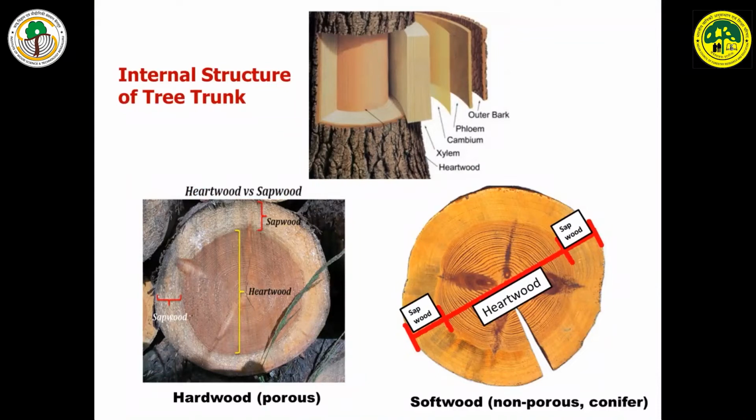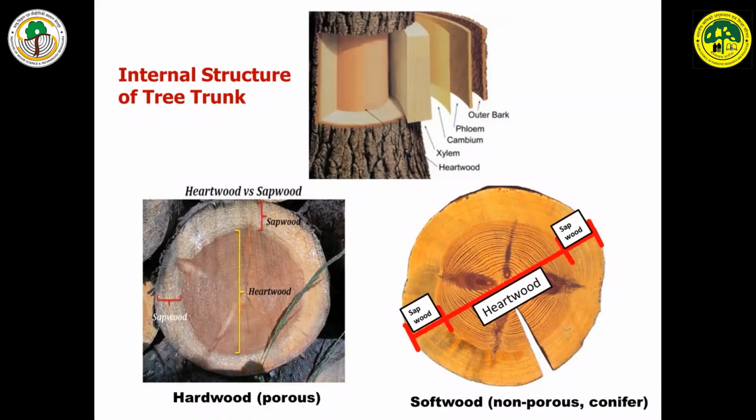On the left side, a hardwood disc is shown. On the right side, a softwood, non-porous conifer disc is shown. But both types of wood contain the heartwood as well as the sapwood. Heartwood is found in the middle, central part, and the sapwood is on the periphery, just below the bark.